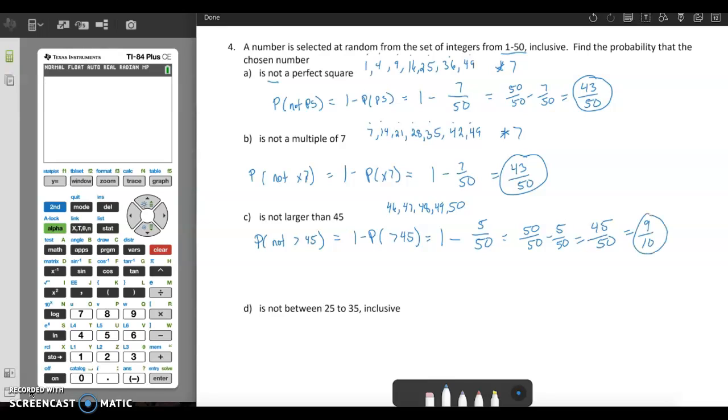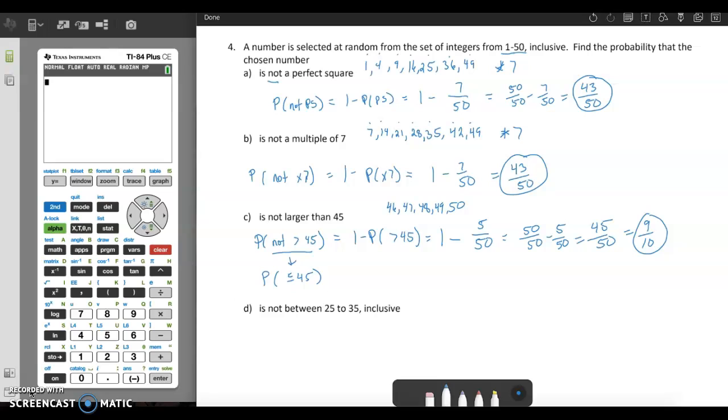Now, just as an example, could we have calculated that one directly? Probably, because of the way it's set up, it would have been just as easy to say the probability of not being greater than 45 is the same thing as being less than or equal to 45. That's just another way to say it.